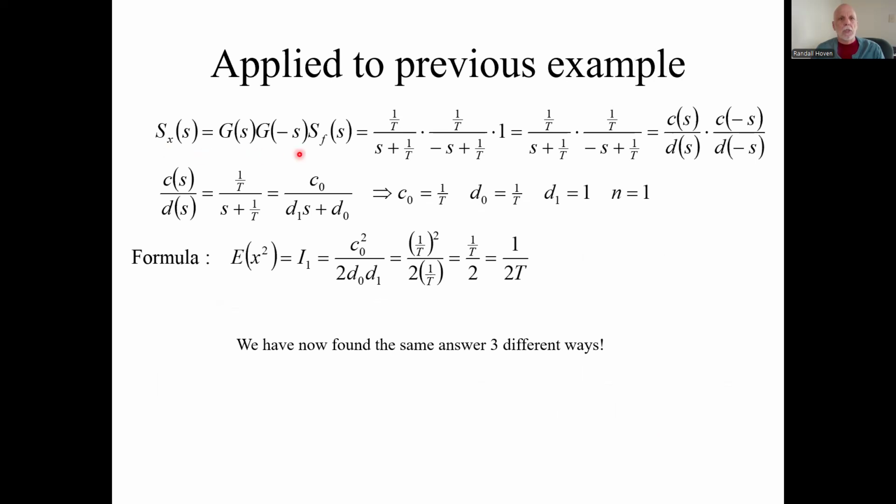Here is what the output power spectral density is, right? Here's one way to write it. G of S times G of minus S times the power spectral density of the input.